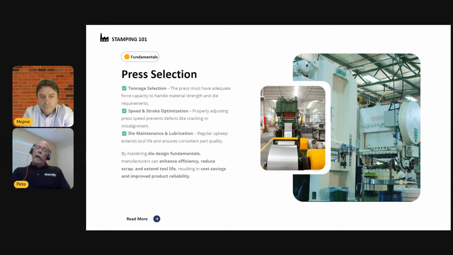The other parameter to be aware of is press energy. This is really important with deep drawing. If we're punching through a piece of sheet metal, the sheet metal might be 3 millimeters thick, so I'm generating some tonnage for a distance of 3 millimeters. But if I'm deep drawing a part that is 60 millimeters deep, now I've got to exert that force for a longer period of time, right?